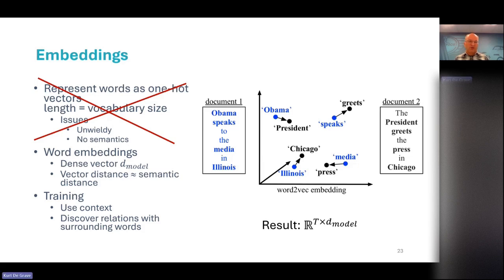So what works much better is to give the model a dense vector, that is a vector with all non-zero numbers, and where the numbers that are given have some meaning.